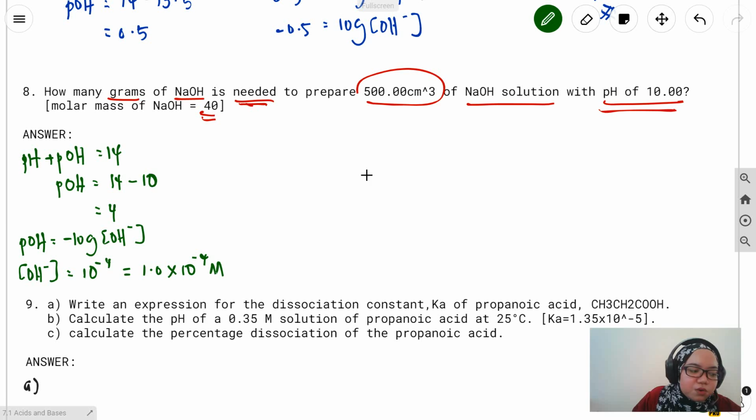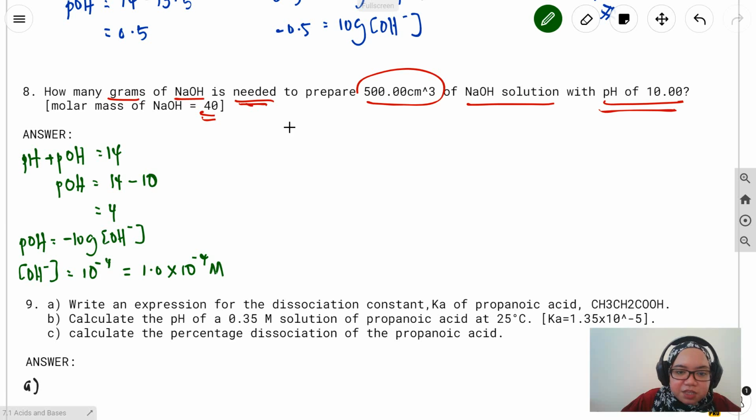Okay. So when we have the concentration of OH minus, we can indirectly find the concentration of NaOH. Why? 1 mole of NaOH will form 1 mole of OH minus ion. Right?